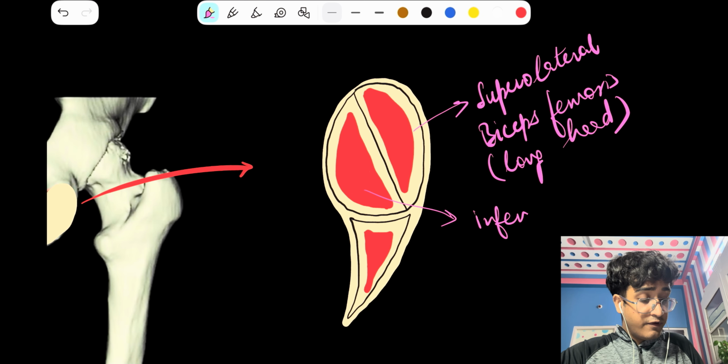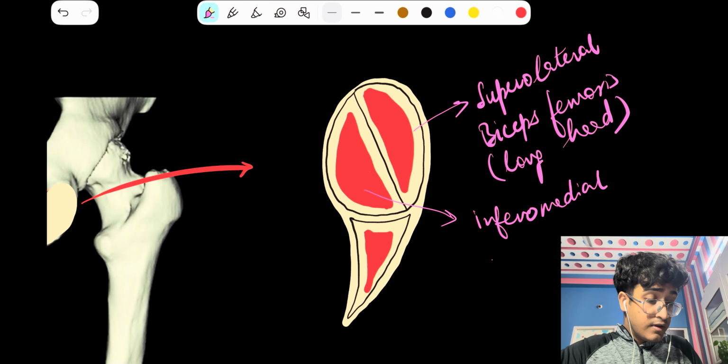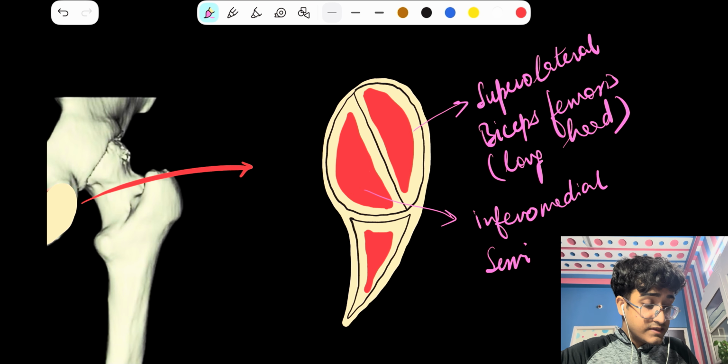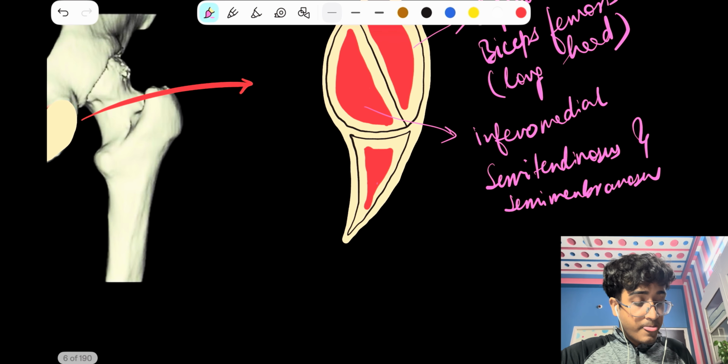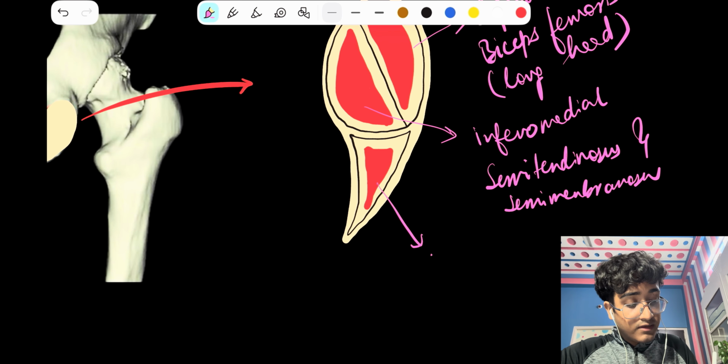The inferomedial has the insertion of semitendinosus and semimembranosus. And this part has the insertion of the ischial hamstring part of the adductor magnus muscle.